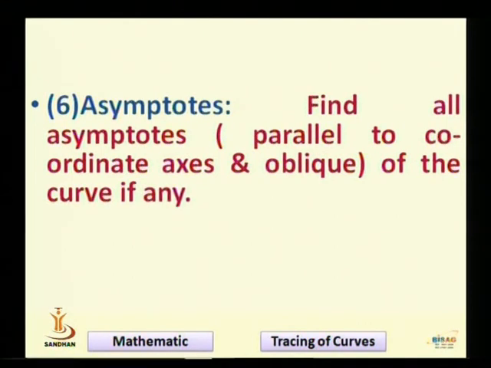The next geometrical property of the curve we have to check is asymptote. First of all, let me explain what an asymptote means. The simpler meaning of asymptote is the tangent to the curve at infinity. The best example of an asymptote is a railway track, which seems to meet at infinity but they never meet.